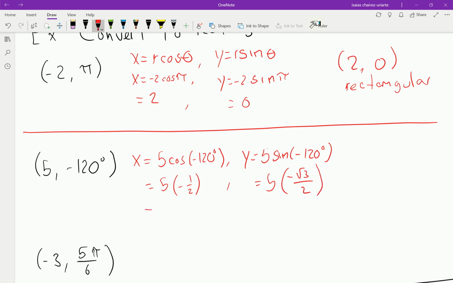Okay, so my x coordinate is negative 5/2, and my y coordinate is negative 5 root 3 over 2. So those are my rectangular coordinates, negative 5 over 2, comma, negative 5 root 3 over 2.